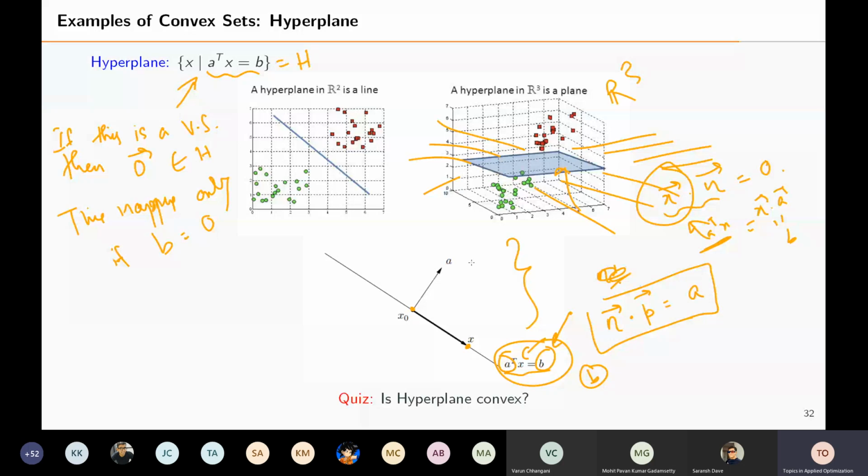You will see that the upper part is one half space and the part below this plane is another half space. So in R3 again, a hyperplane divides my space into two parts. A hyperplane always divides my space into two parts. Now this can be generalized even to Rn. Then the hyperplane is n-1 dimensional.